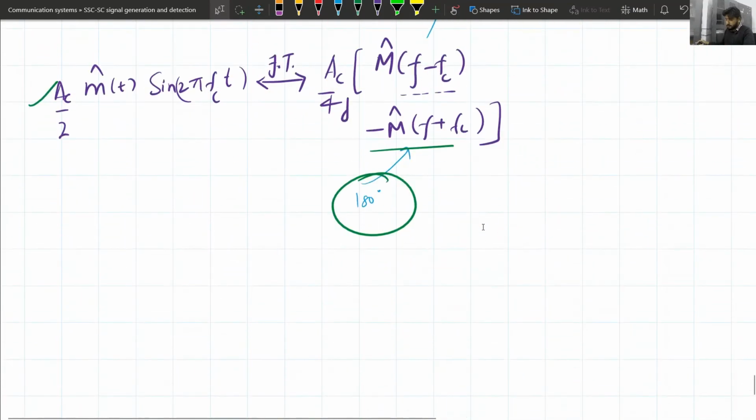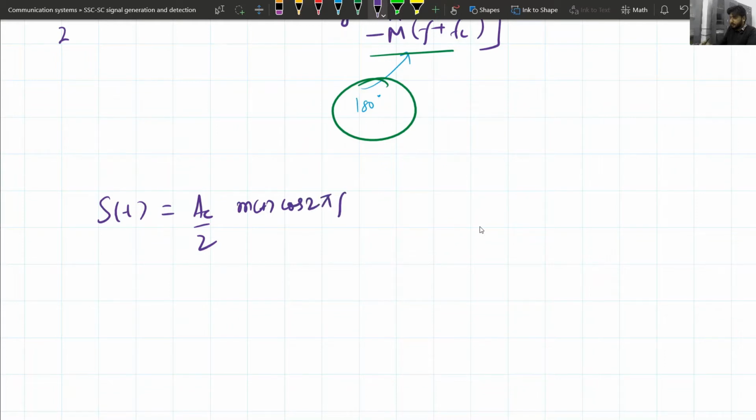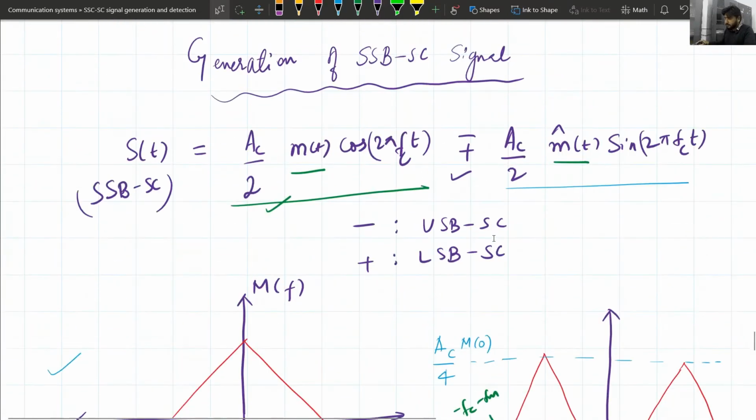So let us write or represent once again s(t) as AC by 2 m(t) cos 2 pi fct, or for the time being let us call this signal as s1(t) and this is s2(t).